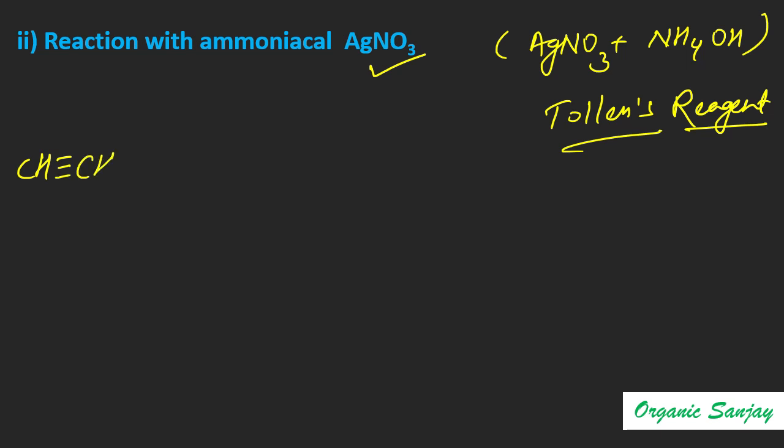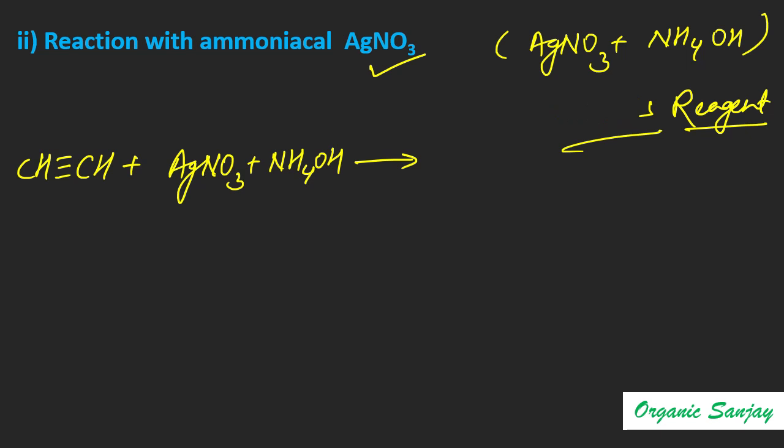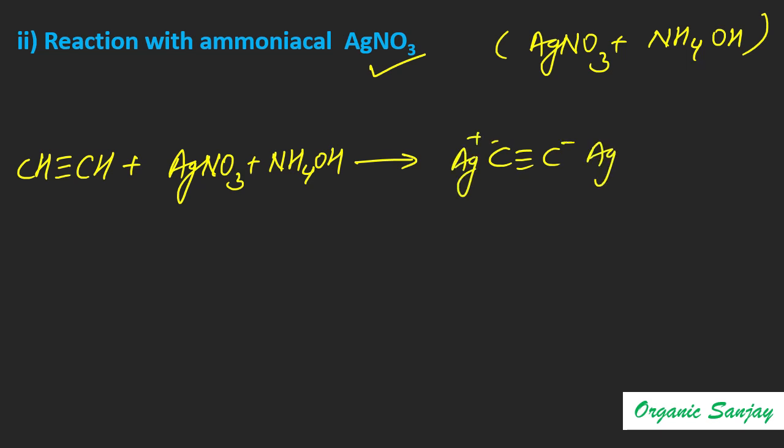Ethyne or acetylene plus silver nitrate plus ammonium hydroxide, ammoniacal silver nitrate. It will give C triple bond C, with the H displaced, plus minus Ag plus, and as byproducts ammonium nitrate and water.